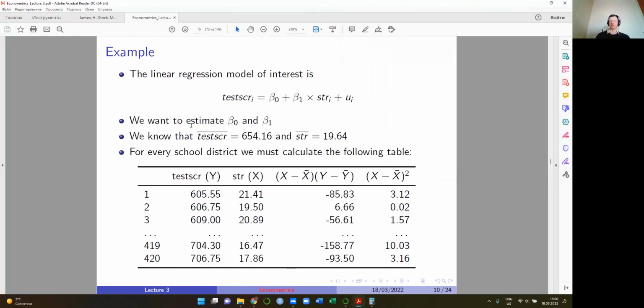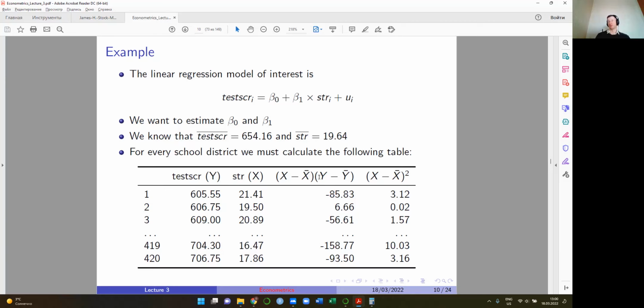I would say it's too long to call it somehow. So when we subtract from a regressor its mean, I mean x minus mean x, this is a deviation of a variable from its sample average, or deviations from mean. You can call it like this.